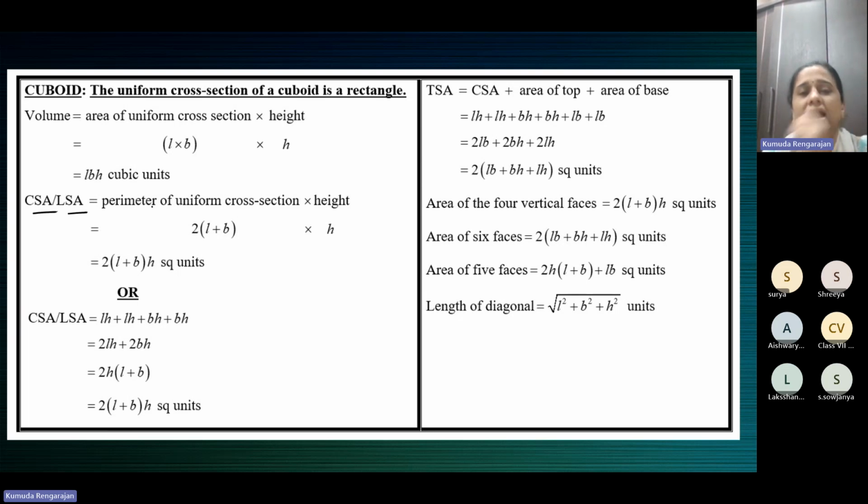Curved surface area or lateral surface area is perimeter of the uniform cross section into height. So for a rectangle, perimeter is 2 into (L plus B). So perimeter of a rectangle into H is 2 into (L plus B) into H square units. Area is in square units. Volume is in cubic units.